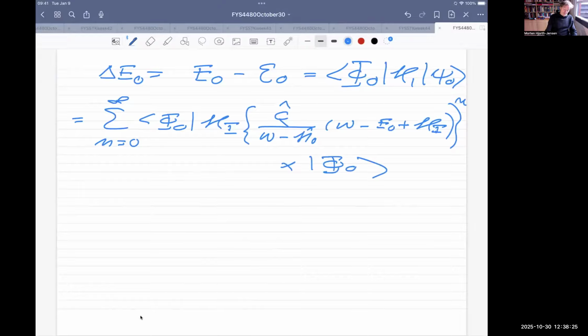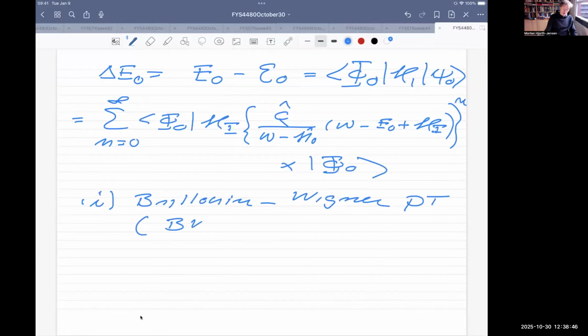So, as we discussed last time, we have two types of perturbative expansions. One is named after the physicist Brillouin and Wigner, who was also a mathematical physicist. And in this case, we have what is called Brillouin-Wigner perturbation theory, or as we will just write it with an acronym, BWPT.